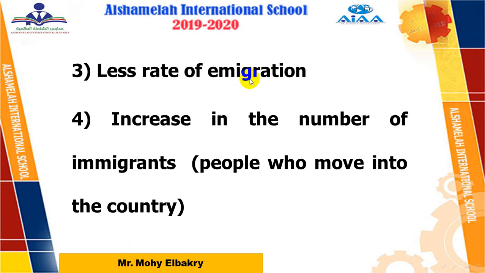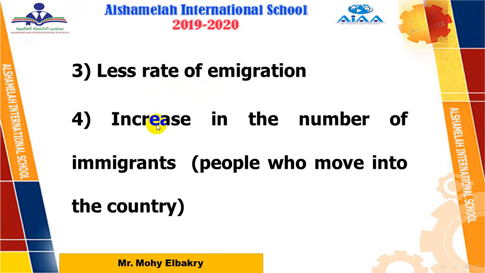If you live in America and you feel satisfied, there are a lot of natural resources, you don't need to move from America to another country. This is the meaning of less rate of immigration: not many people immigrate or move from America or any city or any country.